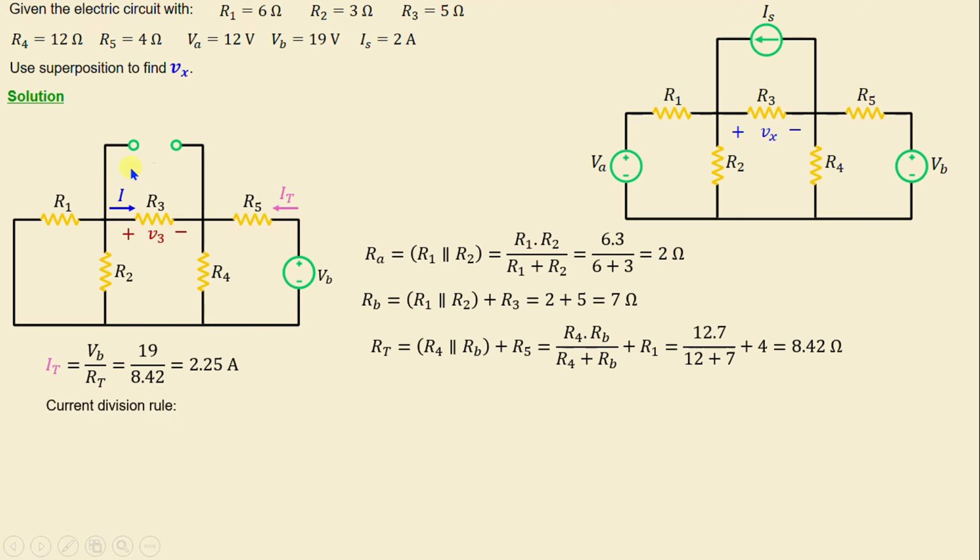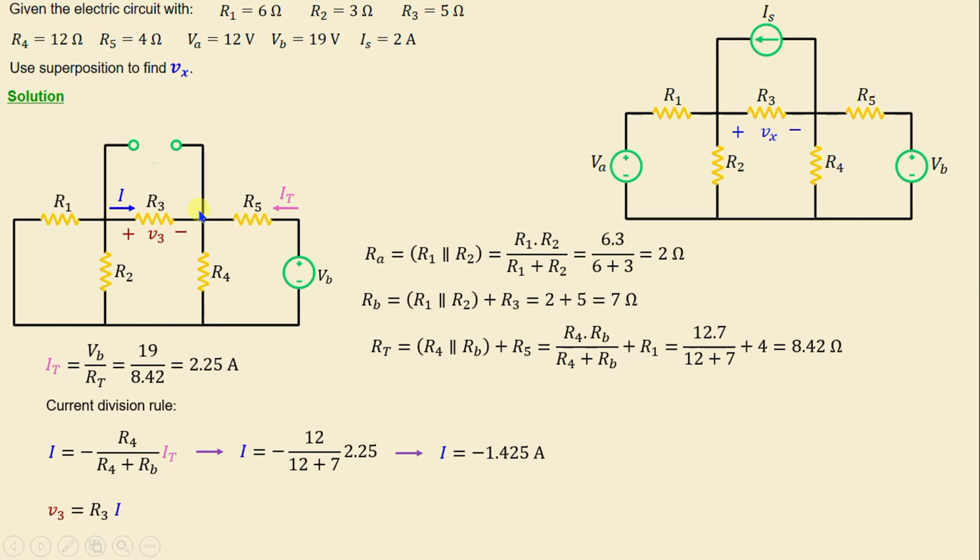The current I can be calculated using the current division rule. That means I is equal to negative R4 over R4 plus Rb times It. And if we replace the resistance and the current with their numerical values, we obtain I is equal to negative 1.425 amps.